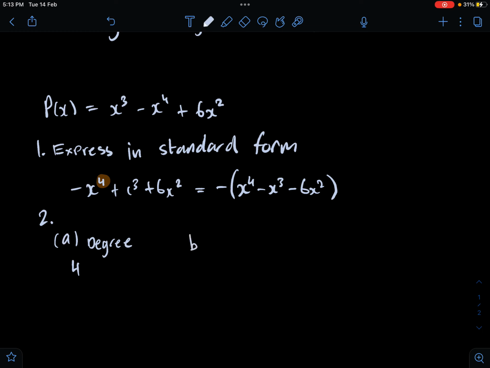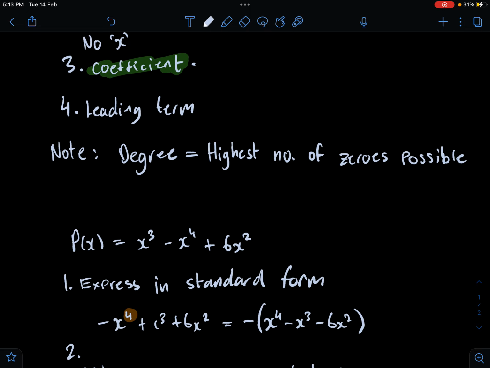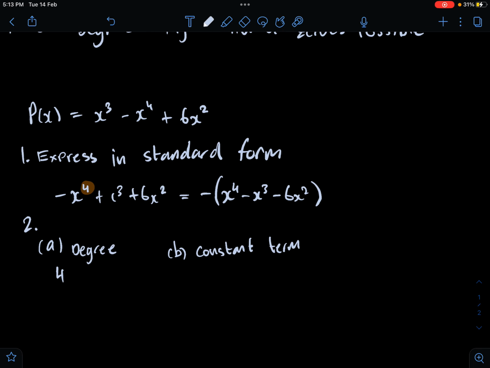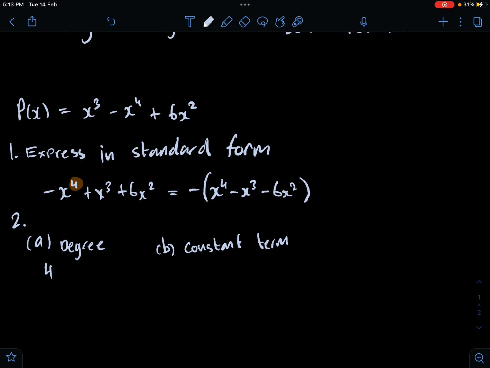4. For b, we're going to state the constant term. Now, constant term, if we're going back up, is the term without x in it. So if we look at this, what doesn't have x in it? Well, what's quite funny is all of them have x in it. So what is our constant term? You could say no constant term, but another answer is also to say that there's a plus 0 here that you just can't see.